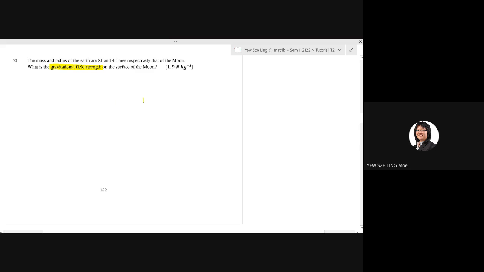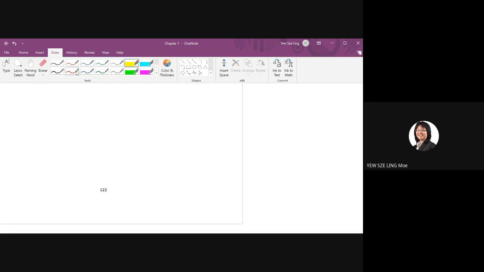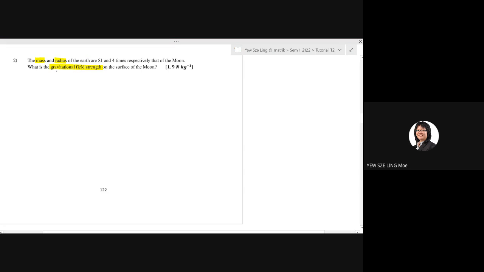And then another two important pieces of information are the ratio of the mass and the ratio of the radius, which are given. So now let's see how we are going to solve it. First of all, we need to form equations. The mass of the Earth is 81 times that of the moon, so the first equation is ME over MM equals 81.